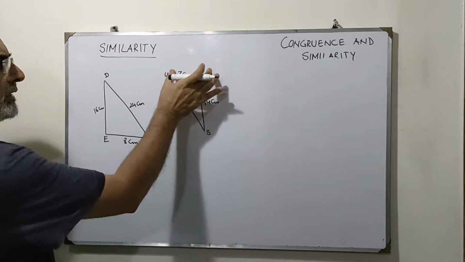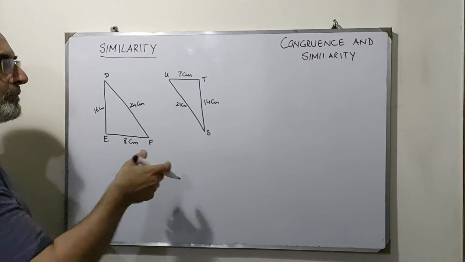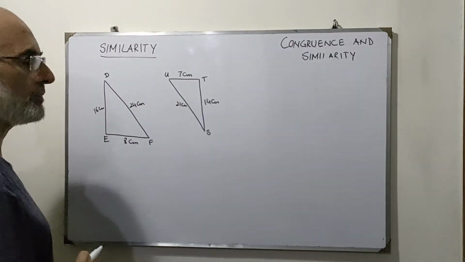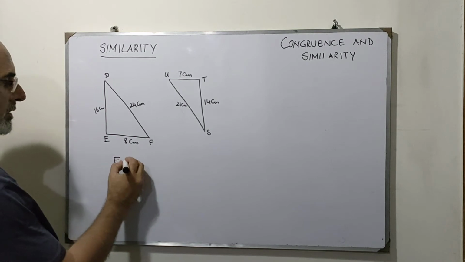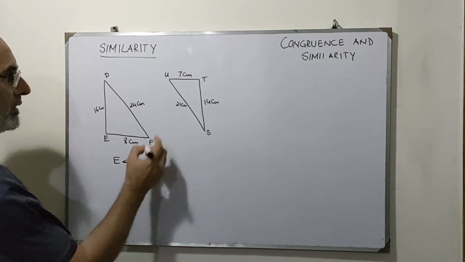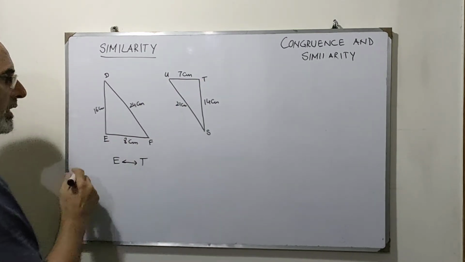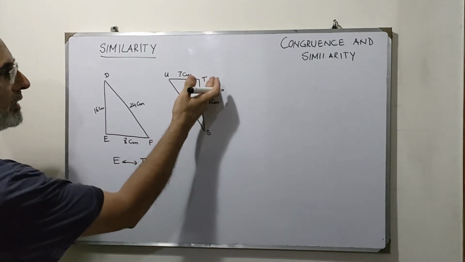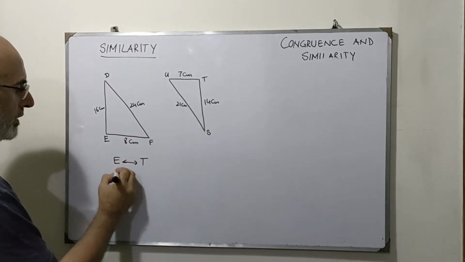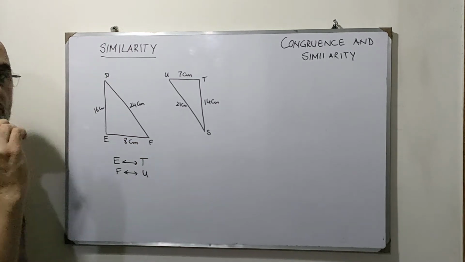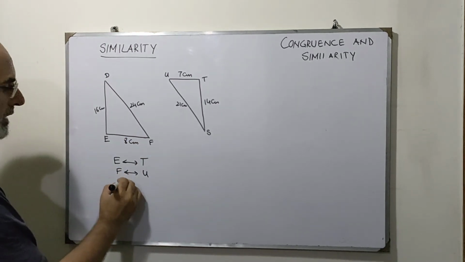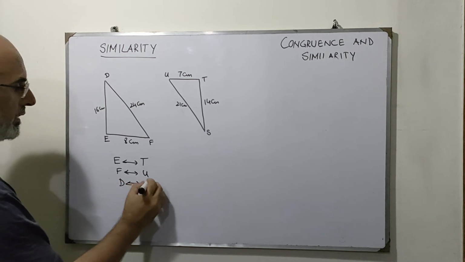If I tilt it like this, E is corresponding with T. So if E is corresponding with T, F is corresponding with U, and we are left with one vertex, so D is corresponding with S.